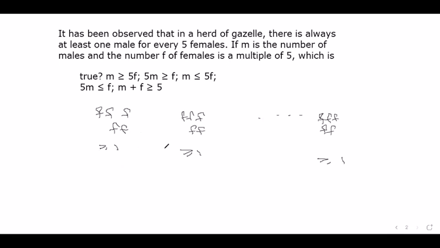So the number of males will be at least M, because you have M of them. Suppose you had N groups. We don't know how many groups there are.